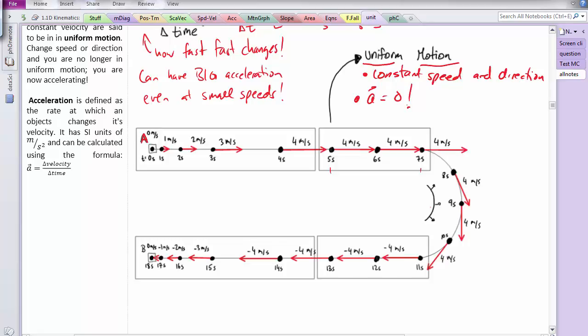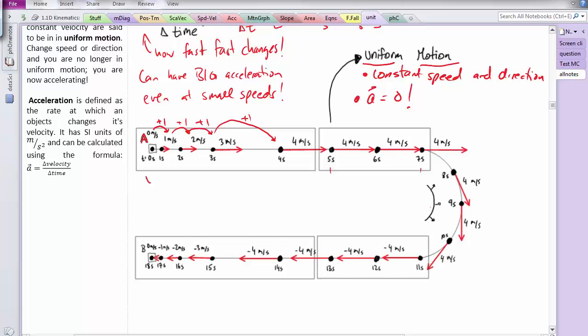Okay, so let's look at acceleration. In this case, if we start at time 0 to time 1, we are adding 1 meter per second. To go from 1 to 2, we are also adding 1 meter per second. To go from 2 to 3, we're adding 1 meter per second. Notice how the distance increases between each second. This is because the speed is increasing, so we are accelerating.